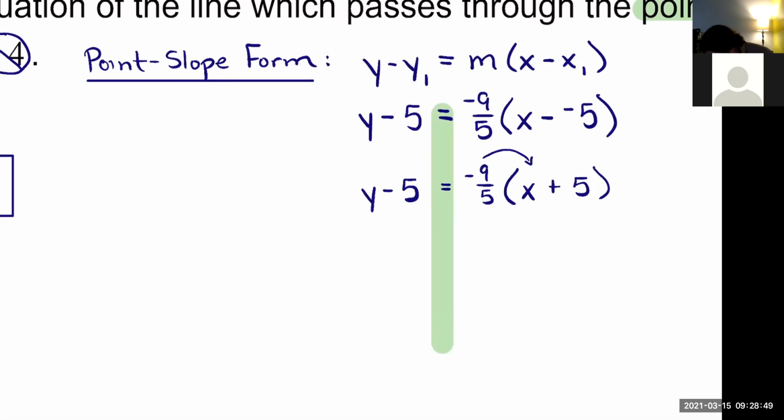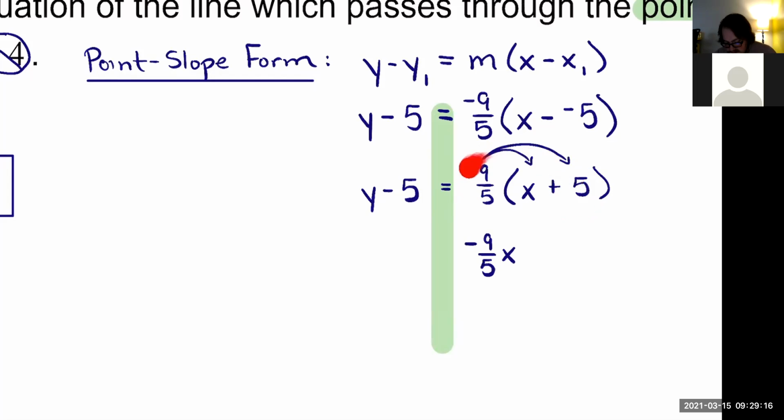Negative 9/5 times x, that's the easy one. That's just negative 9/5 x. But the second one requires a little bit of thought. Now, if you have a calculator, and I've shown you how to use the fraction functions on there, great. If you're not quite sure of how to use those, or you don't have a scientific calculator, the mental trick I use is I take this whole number, 5, times the numerator.